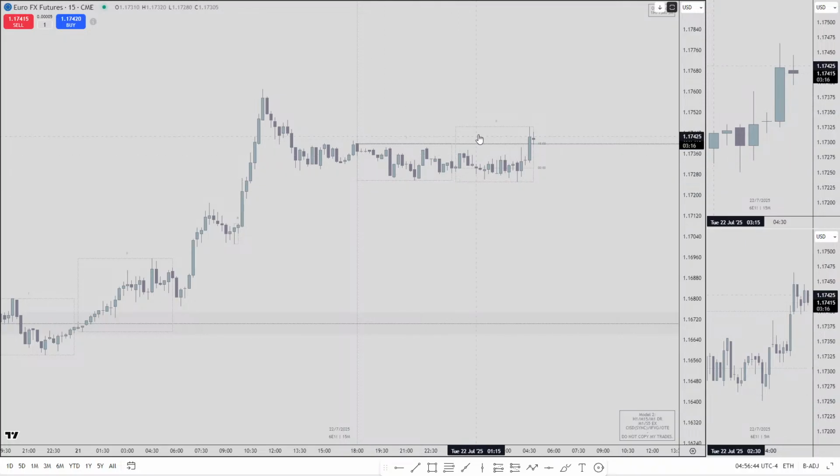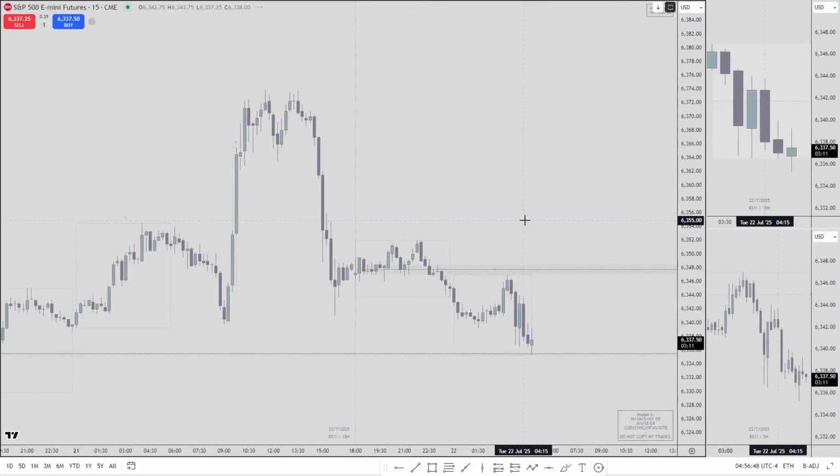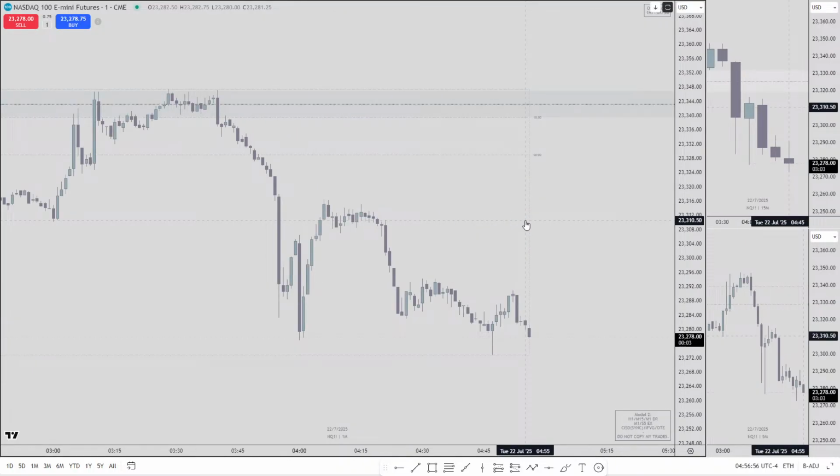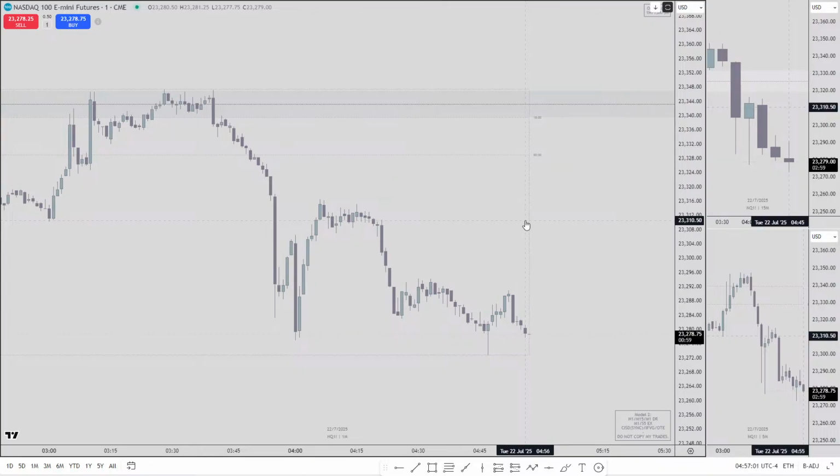Wow, seek and destroy. Okay. S&P, nothing. NASDAQ, nothing. NASDAQ is much more weaker. Is it? Looks like it.